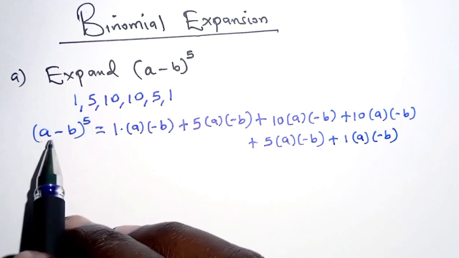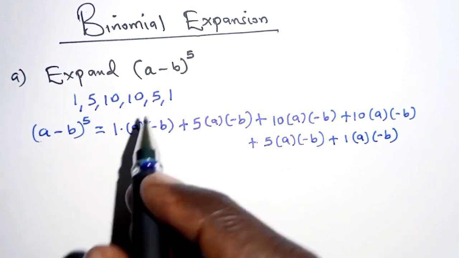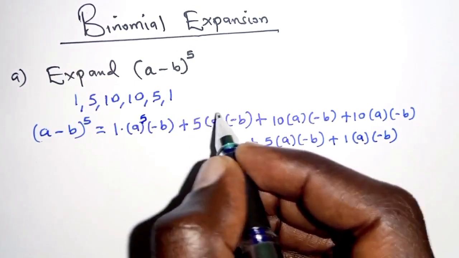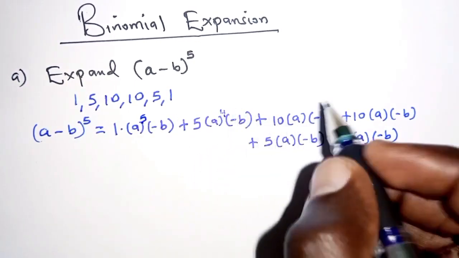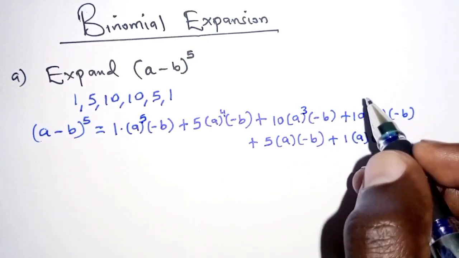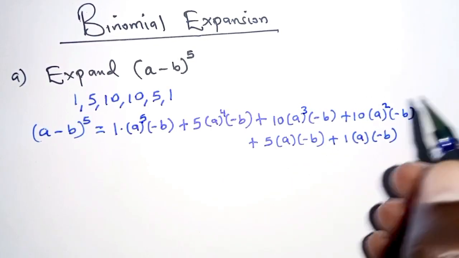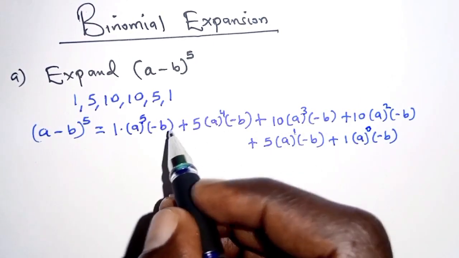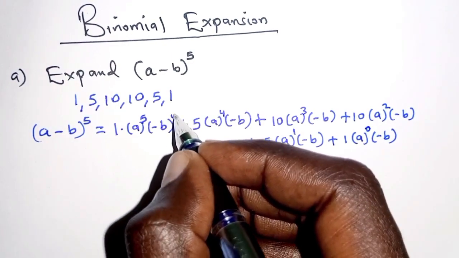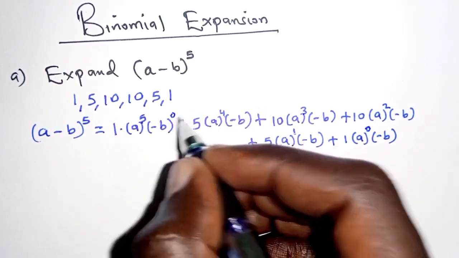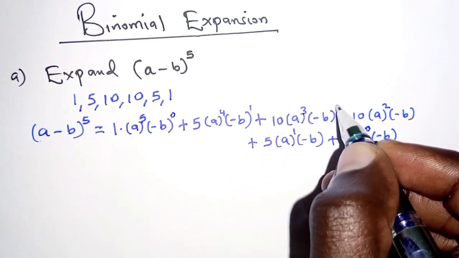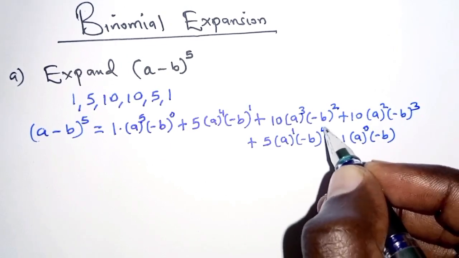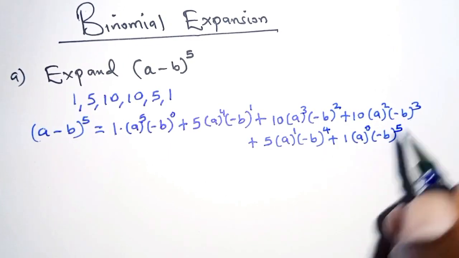Now for the first term, the powers decrease from 5: 5, 4, 3, 2, 1, and 0. For the second term, the power increases from 0 up to 5: 0, 1, 2, 3, 4, and 5.